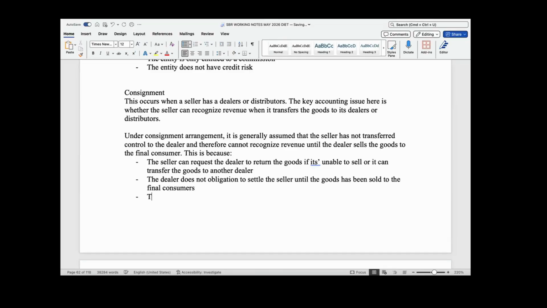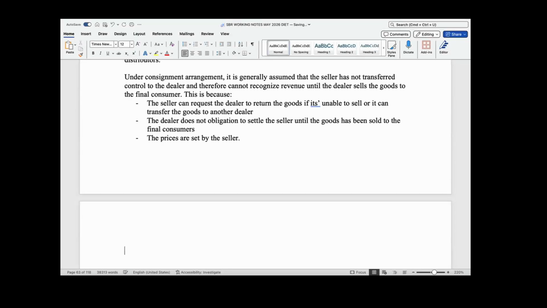Number three is that the prices are set by the seller. It's not the dealer that sets prices; it's usually the seller that still sets prices.